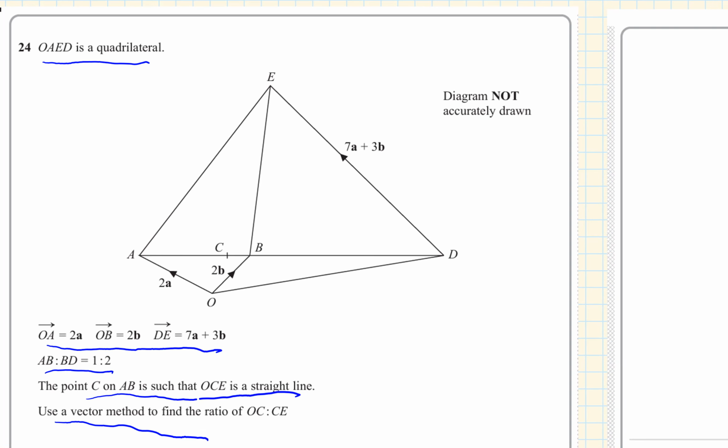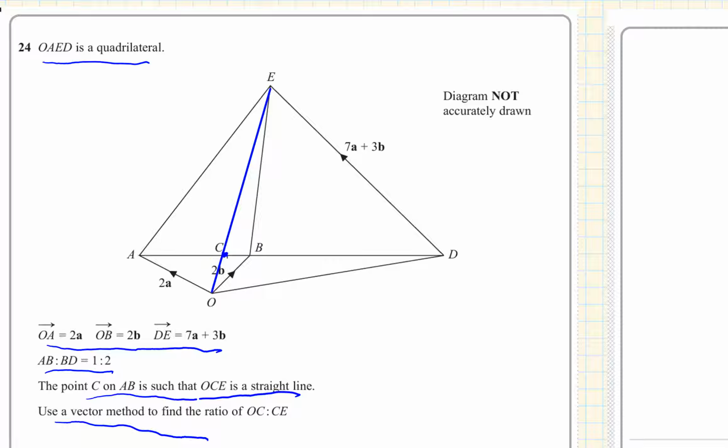That helps. So it's not quite passing through C, but that's because I'm drawing on the screen. So if I can just make it bigger, so that's the C. Okay, so here what we have to do is to find the ratio of OC, so this bit, to CE.